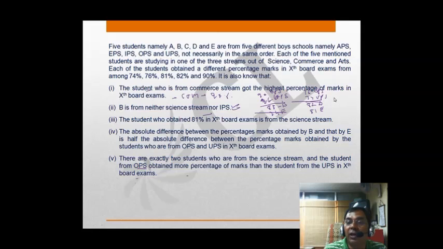Then one more gap can be there, 90, 74, 90, 82. Sorry, I put it reversed. 90, 74, and 90, 82.